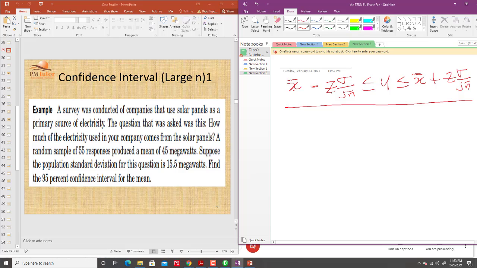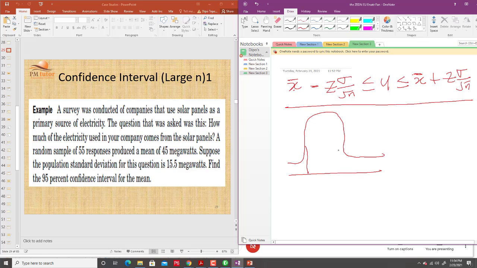Now the z here is what we don't know. Then we know what sigma is, which is 15.5, and we know what the sample size is, which is 55. So we have all the values we want. The only thing we don't have is this z, but they gave us a clue because they said we should find the 95% confidence interval of the mean. So to find the 95% confidence interval, this is how it would look.